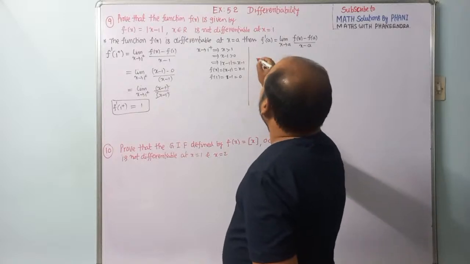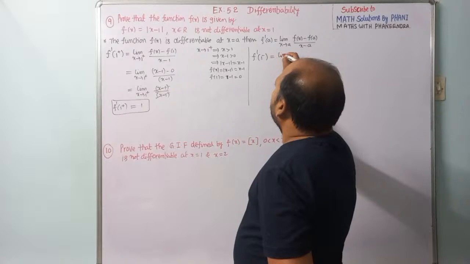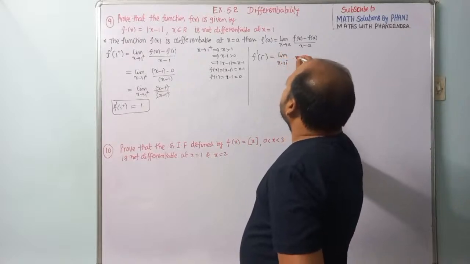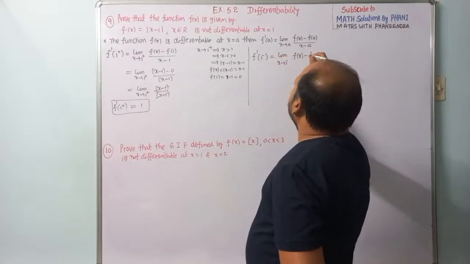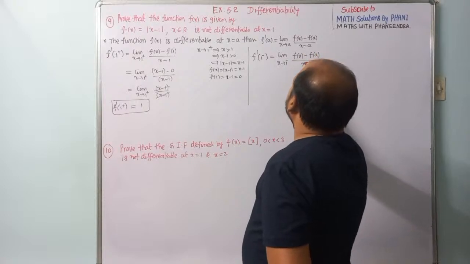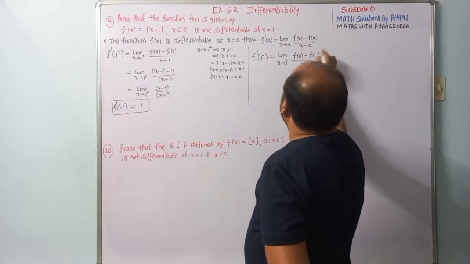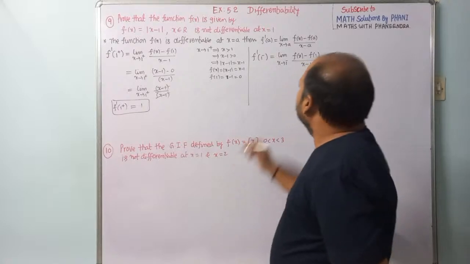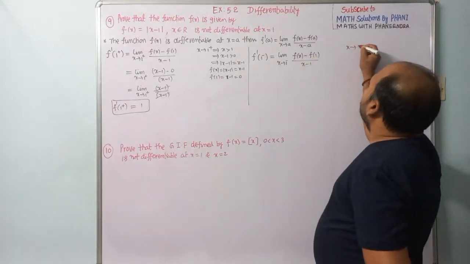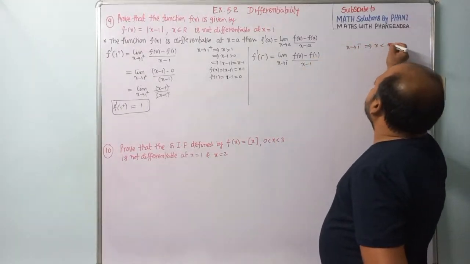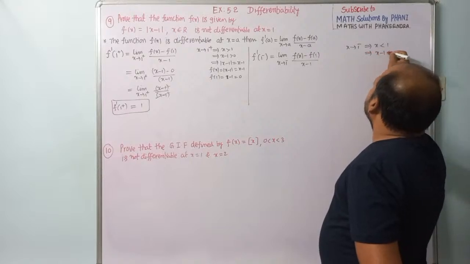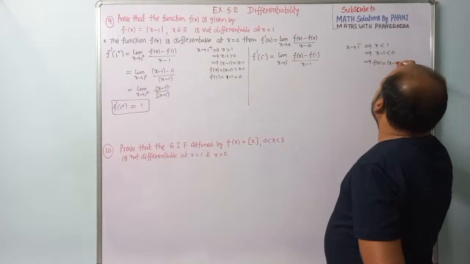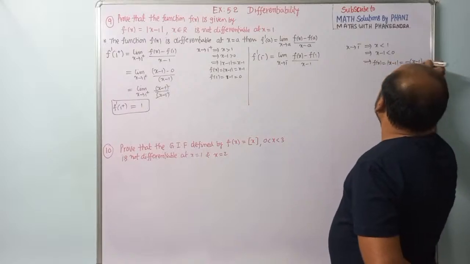Similarly, the left hand f dash of 1 minus you can calculate. Limit x tends to 1 minus, f of x minus f of a by x minus a. Here a is equal to 1. Now x tends to 1 minus, x is less than 1, so x minus 1 is less than 0. So f of x equal to mod x minus 1, we can write as minus of x minus 1.